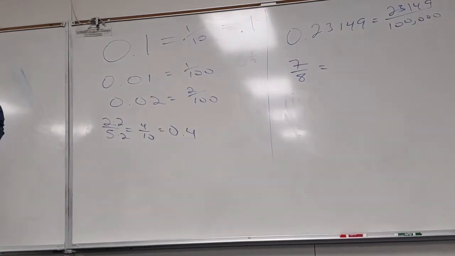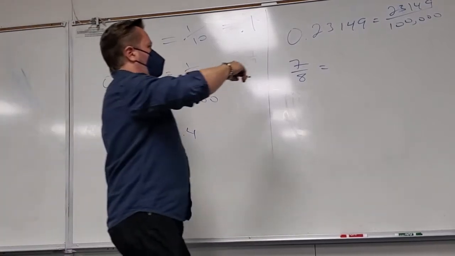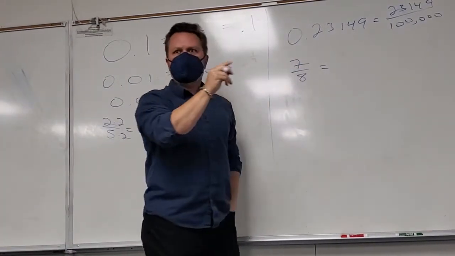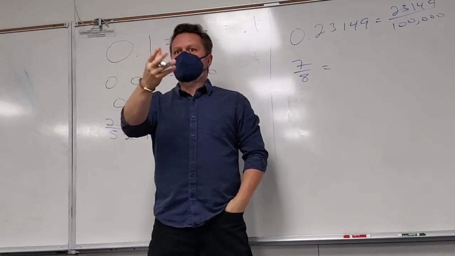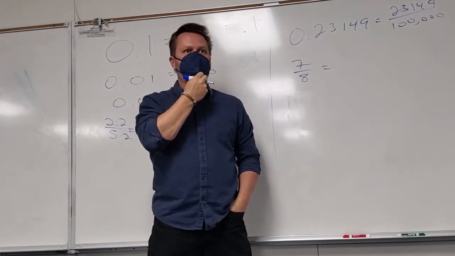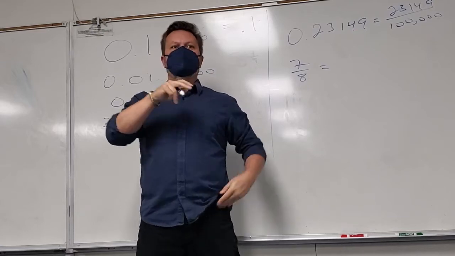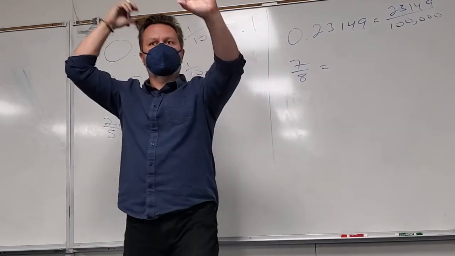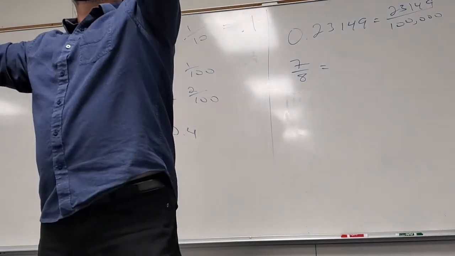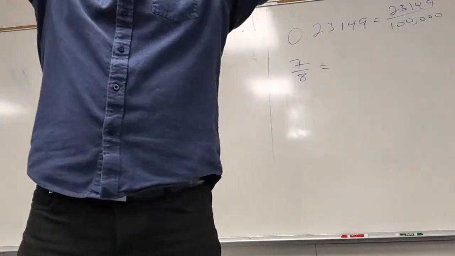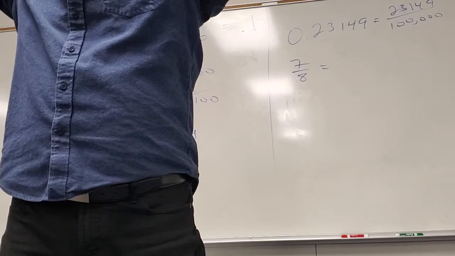Okay. So you could, I'm surprised nobody's said this, just divide. 8 into 7, long divide. Do you want to do that? Let me show you a different way to do this. Every single fraction in existence can be represented as a decimal.